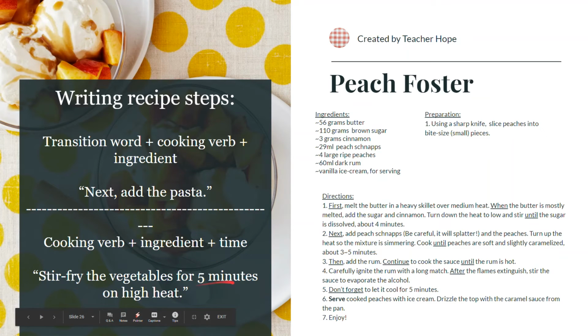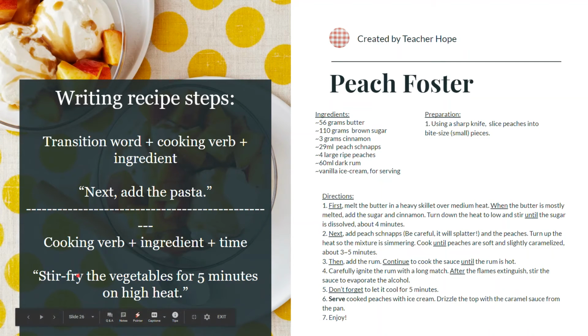Stir fry the vegetables on high heat. Stir fry the vegetables for 5 minutes on high heat. So, transition word plus cooking verb, add, plus the ingredient, pasta.